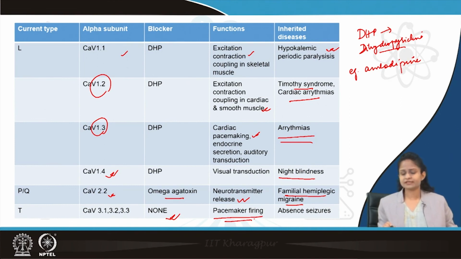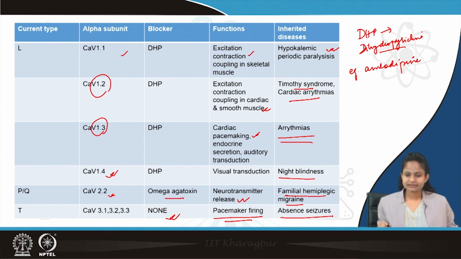It is one of the bases for the pacemaker potential, we will see in the action potential of the cardiac muscles. And so, any abnormality with this T type of calcium channels will also again result in arrhythmias, and also since it is present ubiquitously, it is present in the brain. So, it results in absence seizures.